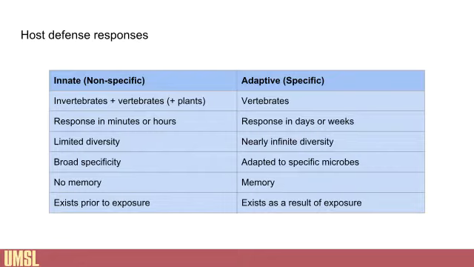We'll talk about that in a later lecture. But basically, you're building antigenic memory: your body sees something and stores the fact that it has seen this thing and developed antibodies to it, to help you with later possible infections.